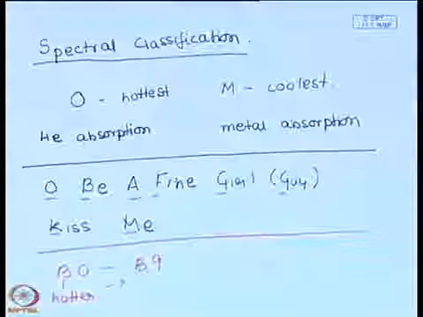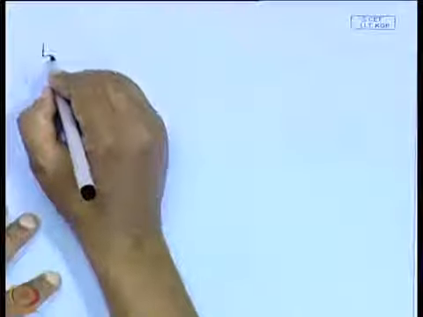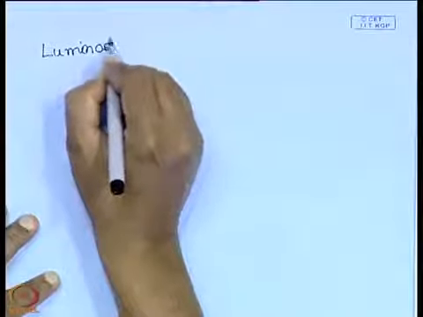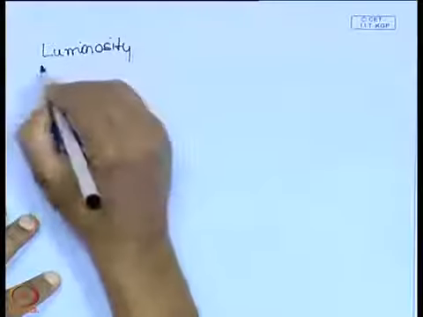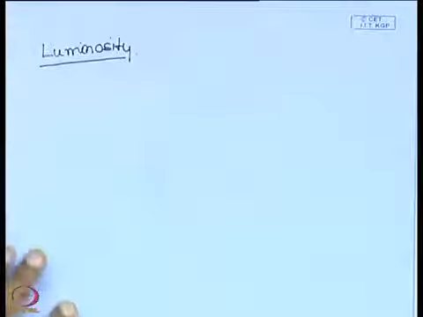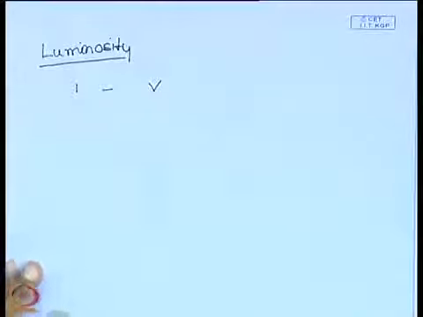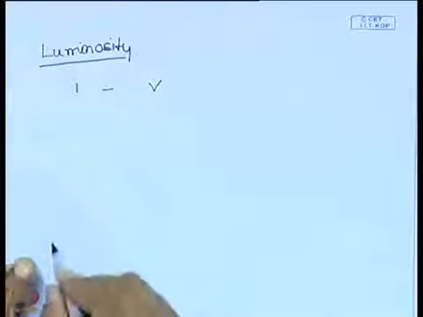Now, given the same temperature, it turns out that you can have classes of different luminosities also. So, to indicate this, there is another index which indicates the luminosity, and this runs from 1 to 5. And 1 are the giants.